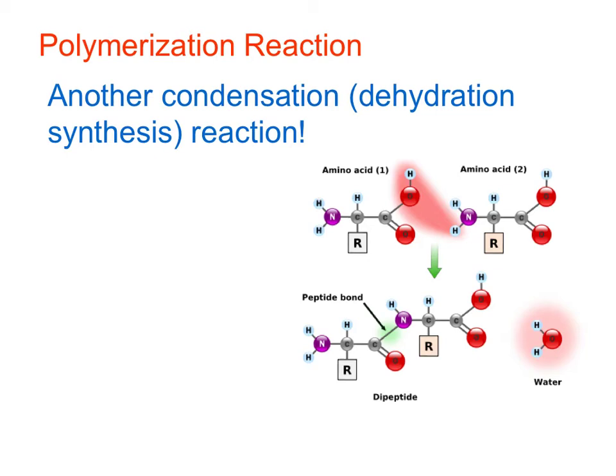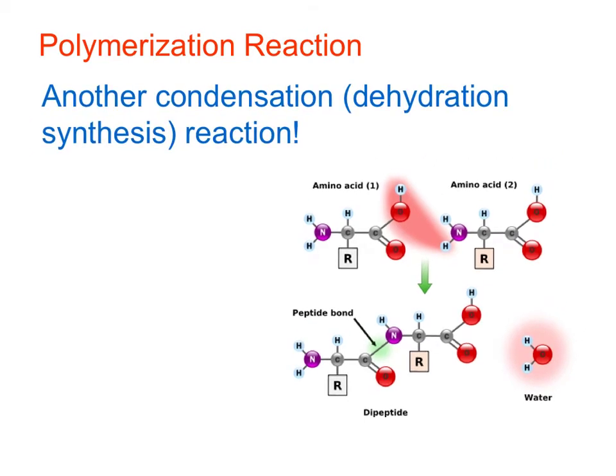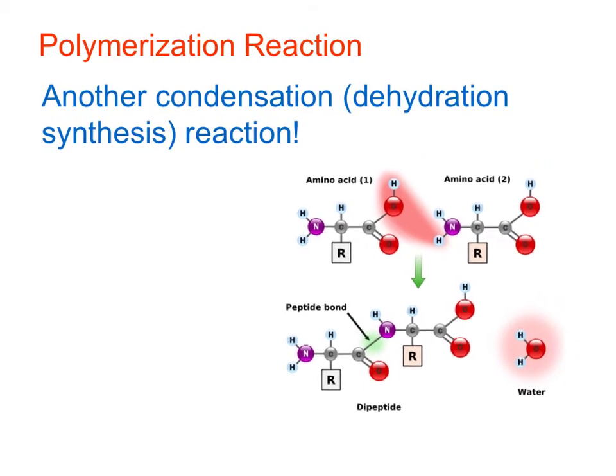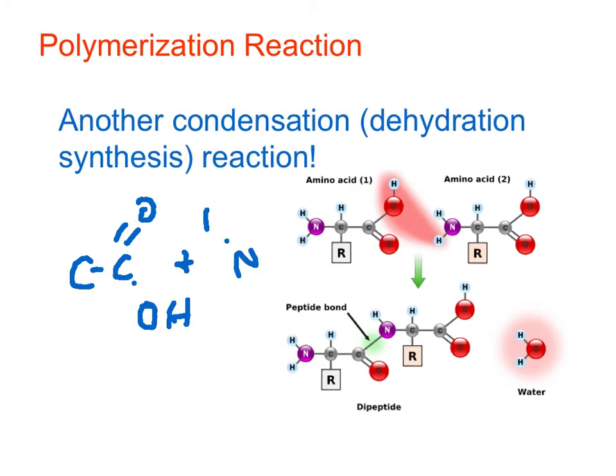But you can see that a reaction will happen. Okay, so there will be a reaction between the carboxyl group of one amino acid and the amino group of the other amino acid.